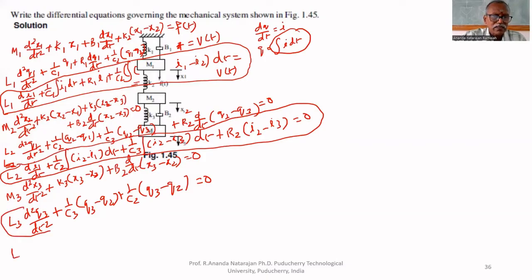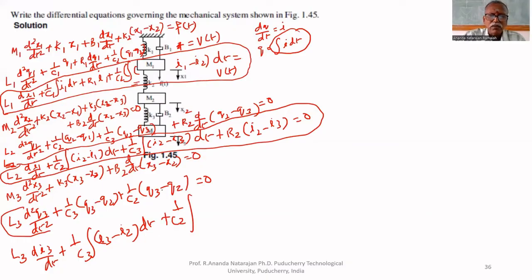Written in current, L3 di3 by dt plus 1 by C3 integral of I3 minus I2 dt plus 1 by C2 integral of I2 minus I3, equal to R2 d by dt of Q3 minus Q2 equal to 0.